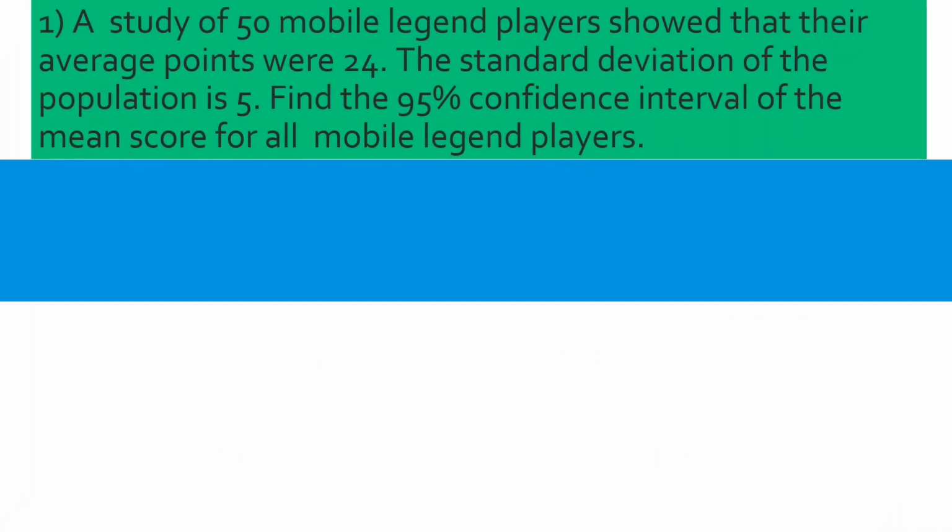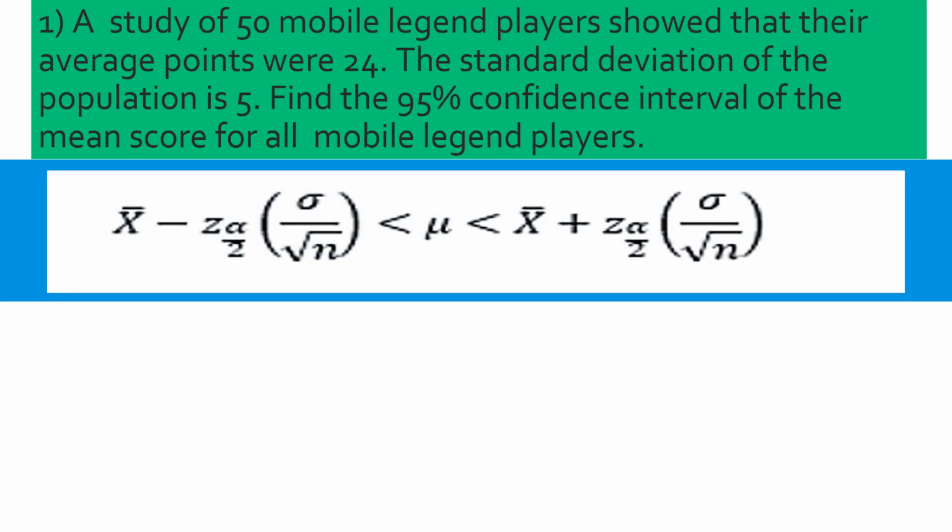Okay, let us have our first example. A study of 50 Mobile Legends players showed that their average points were 24. The standard deviation of the population is 5. Find the 95% confidence interval of the mean score for all Mobile Legends players. So we will use the formula notation.